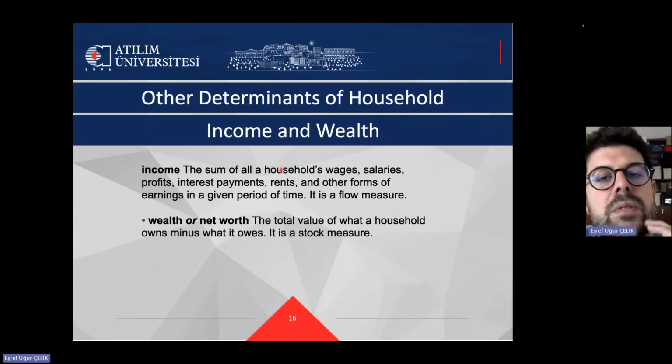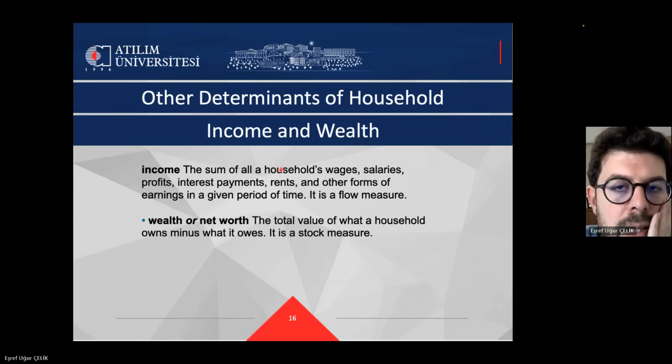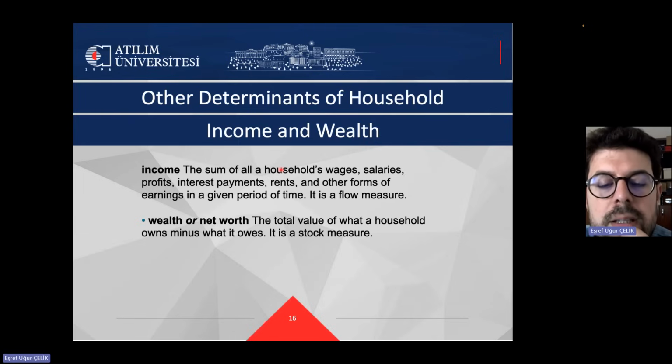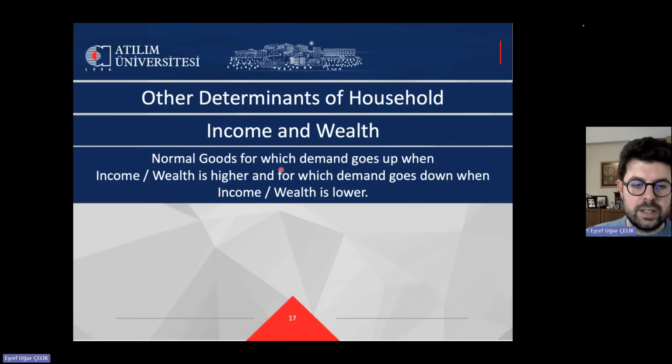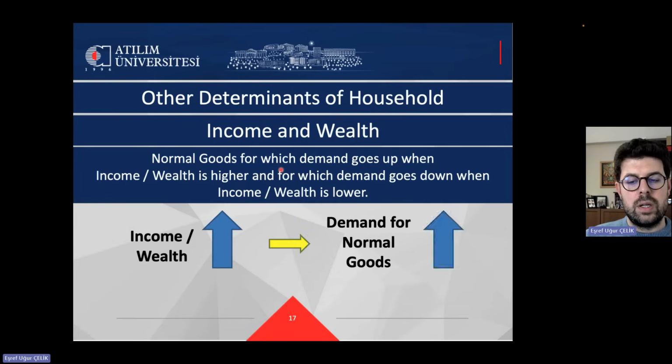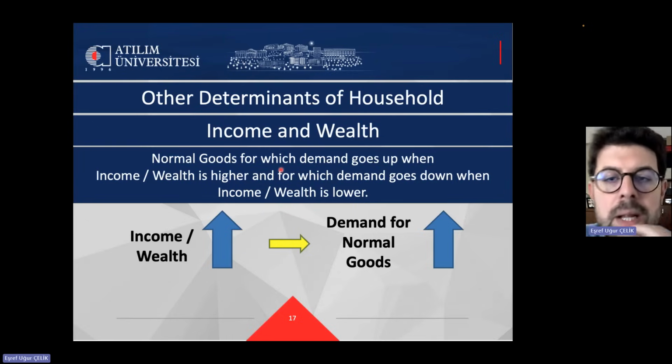The second determinant of demand is related to income and wealth. Two types of goods can be affected by changes in income and wealth. The first one is normal goods. We see a positive relationship between demand and income changes, or wealth changes.